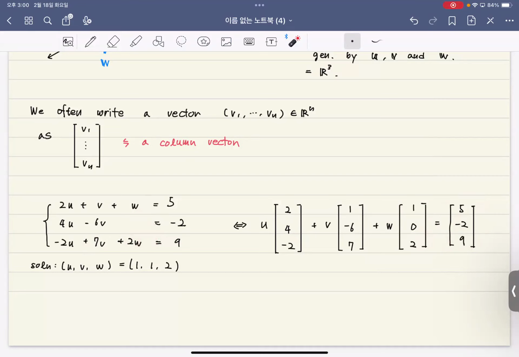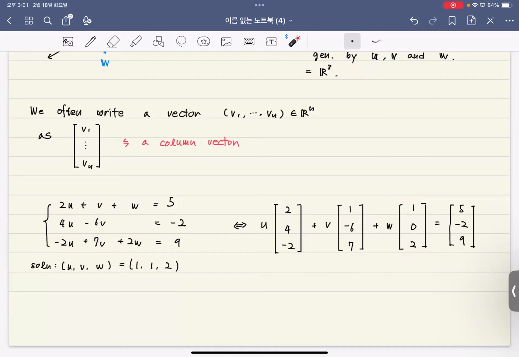Okay, and what is this? If you look at this expression, the left-hand side of this vector equation is nothing but a linear combination of 2, 4, -2, 1, -6, 7, and 1, 0, 2. So this is a linear combination of these vectors. You must remember that the solution of this equation was 1, 1, 2.